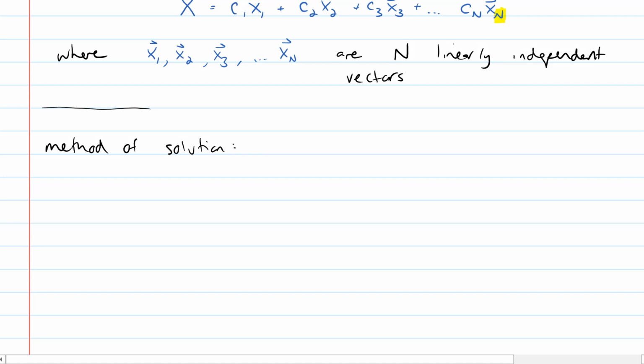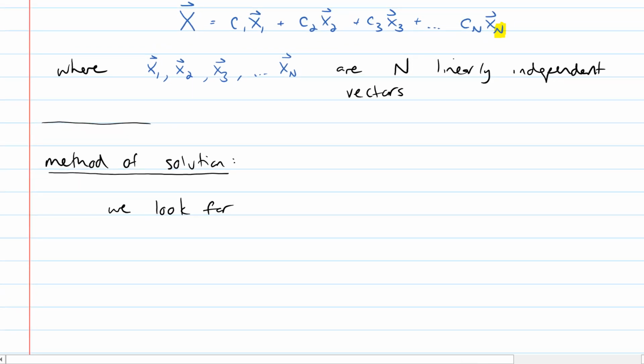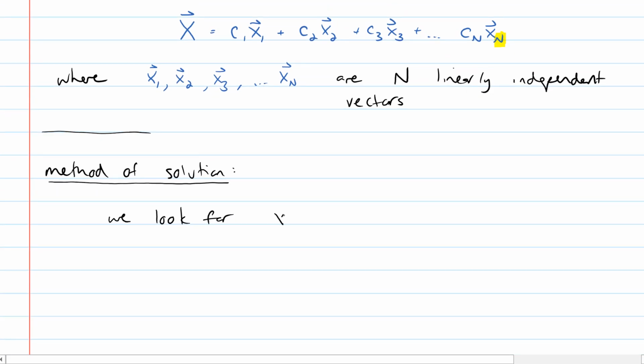We look for vector x, so these little lowercase vectors that we want in our solution, is equal to some vector k times e to the lambda t. And let's just make a little note here.